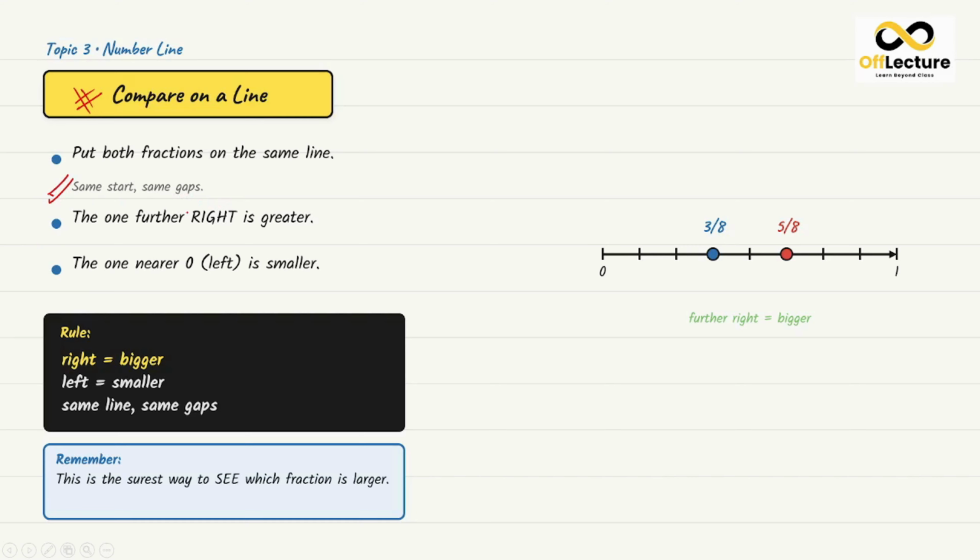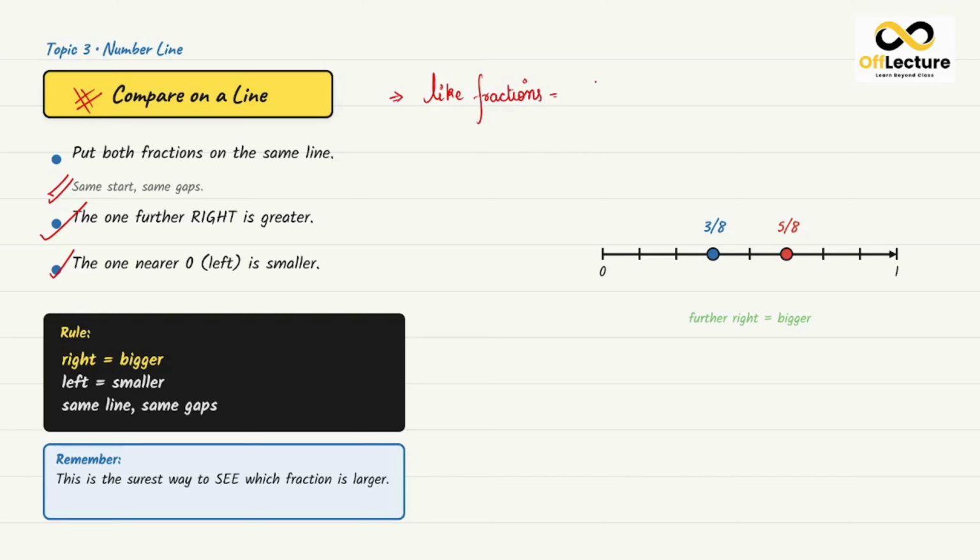The one farther to the right is greater and the one nearer to 0 is smaller. Here we are considering like fractions, where the denominator is equal for both the fractions.